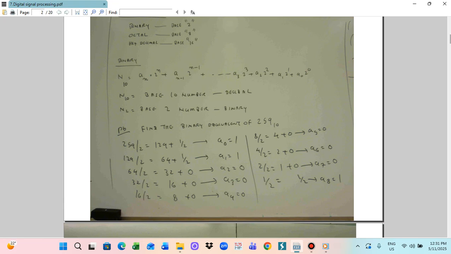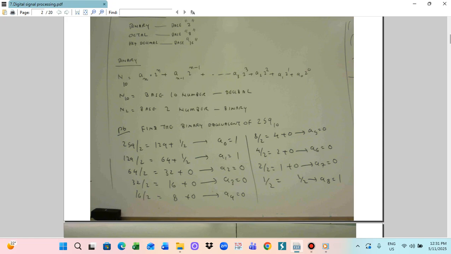To find the binary equivalent, we have to divide it by 2. So first, 259 is divided by 2. As a result we get 129, and the remainder is a half. So this means that 259 can be divided by 2.